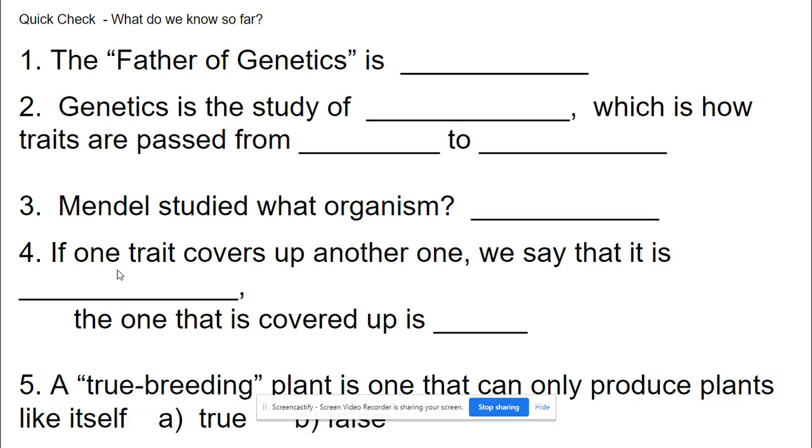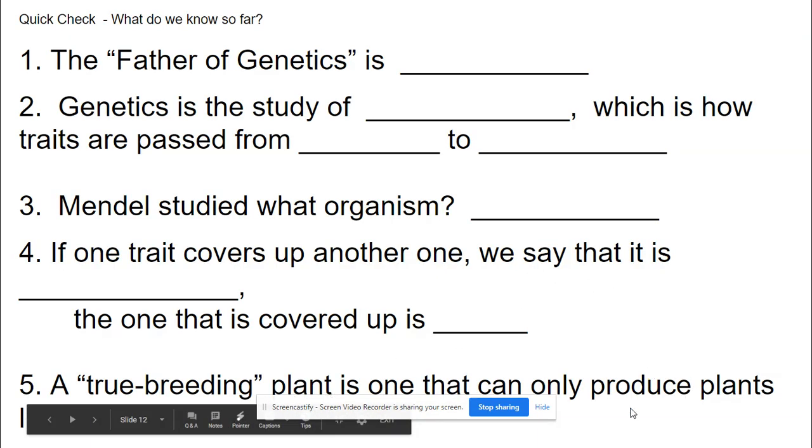Pea plants. Number 4, if one trait covers up another one, we say that it is dominant. The other one that is covered up is recessive. A true breeding plant is one that can only produce plants. Can't quite see my answer there. So you guys are going to have to figure that one out on your own. I think it's going to be a heterozygous.